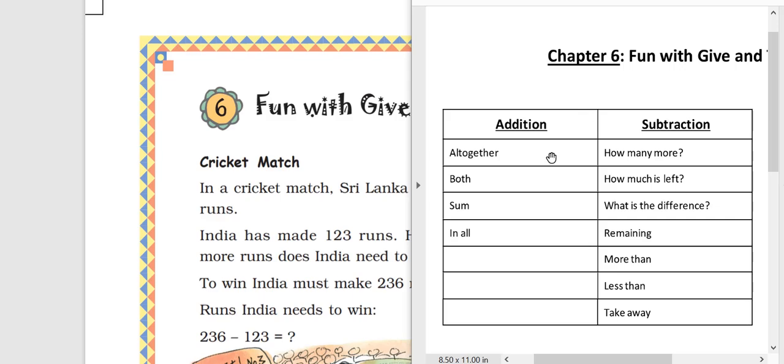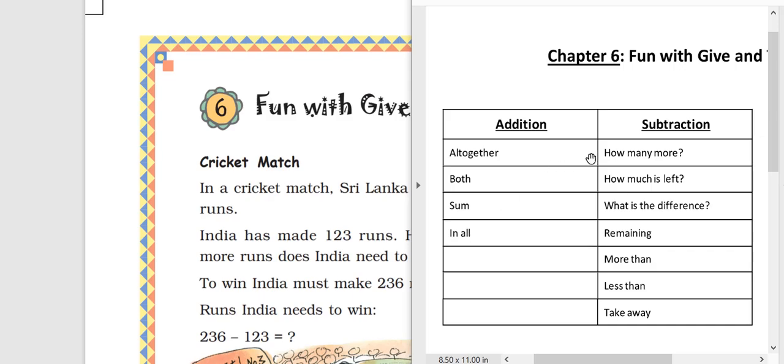So when we read the word problem or a story problem, let's look at keywords. If we can find any of these keywords, then we know what operation, addition or subtraction, we need to do. Once again, when we find words such as altogether, both, sum, in all, we need to add.